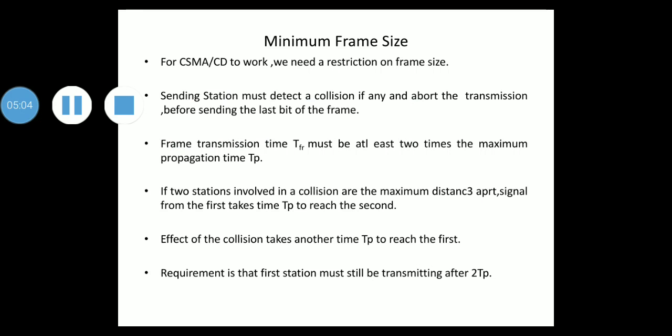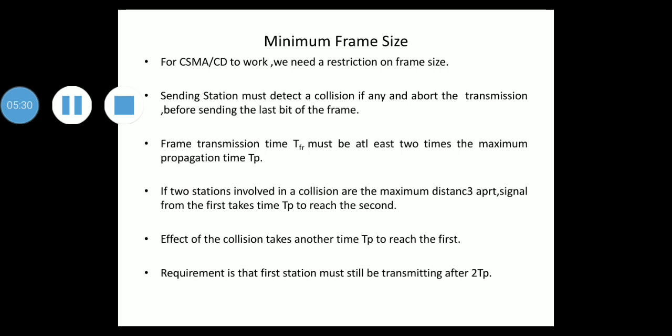Next we'll discuss minimum frame size. If CSMA/CD has to work, there is a need for a restriction on the frame size. The sending station must detect a collision before sending the last bit of the frame and abort the transmission.